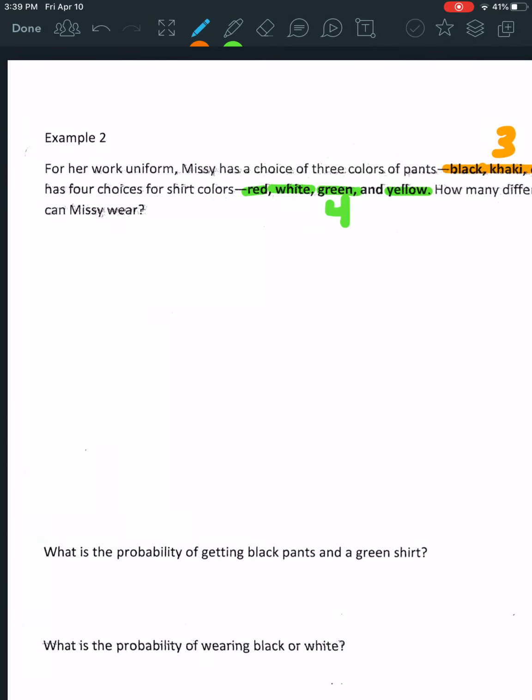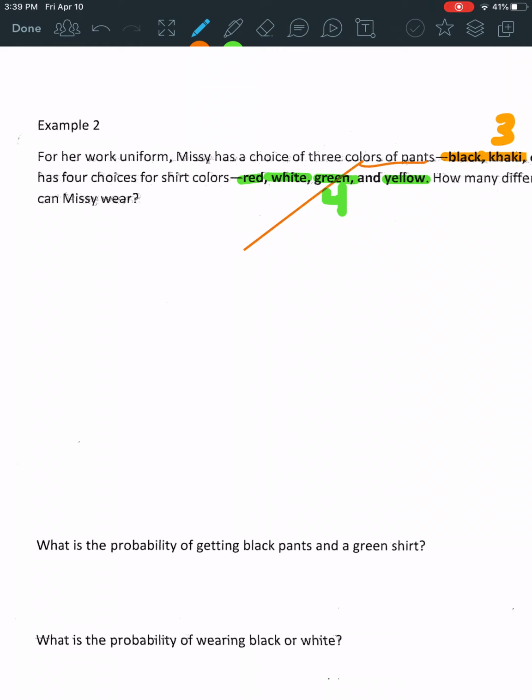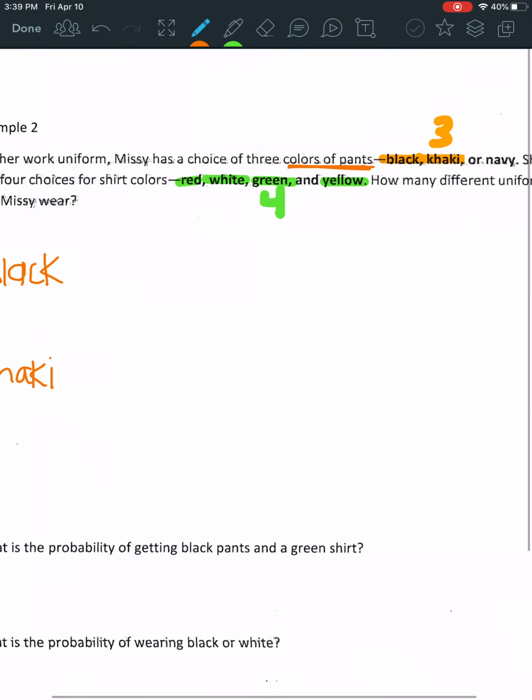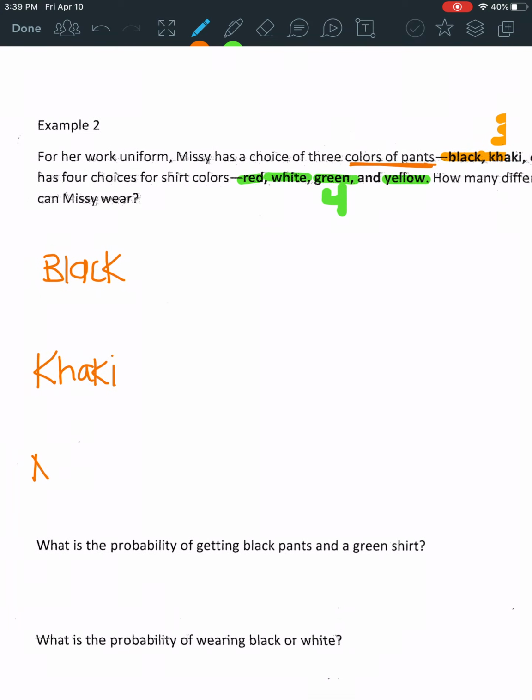So the first event is her color choice in pants. She can choose black pants, khaki pants, or navy pants. So that's the first event. Which color pants is she going to pick?